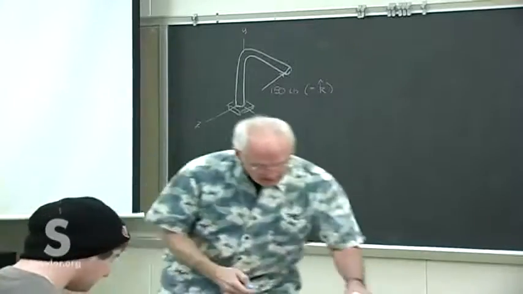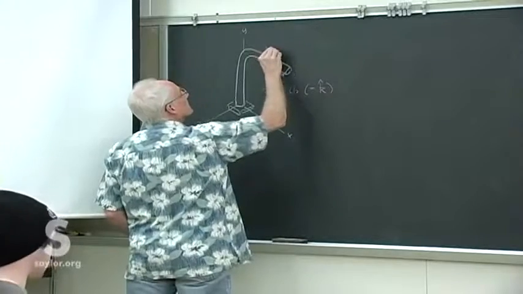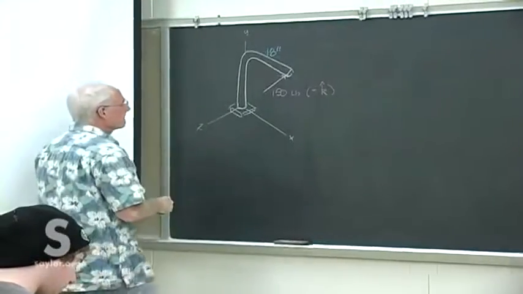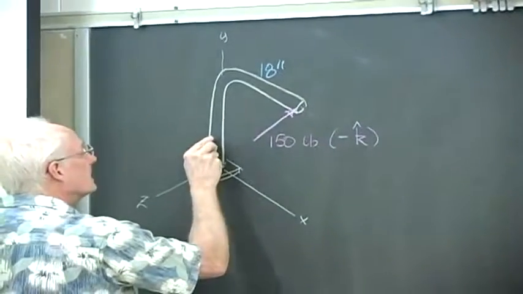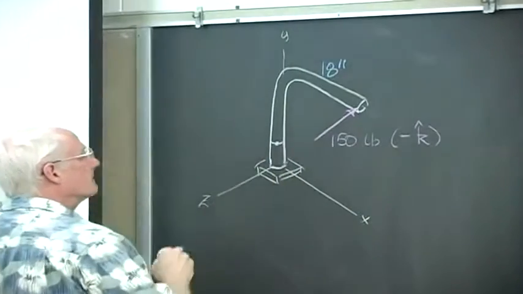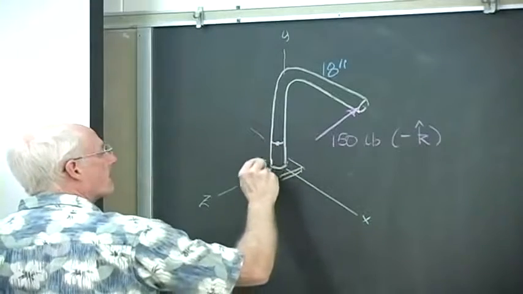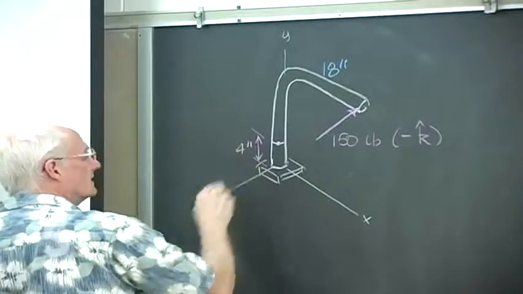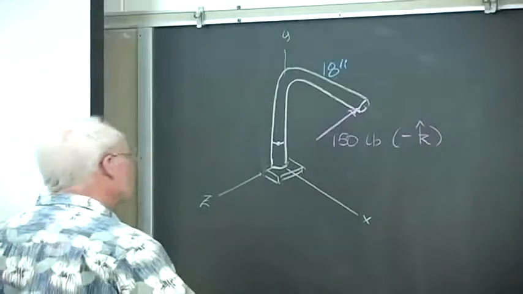All right, let me put some dimensions on this piece so we know what kind of loads that's applying. This arm is 18 inches long. For whatever reason, we're going to concern ourselves with a spot right here, and that's up 4 inches from the bottom.